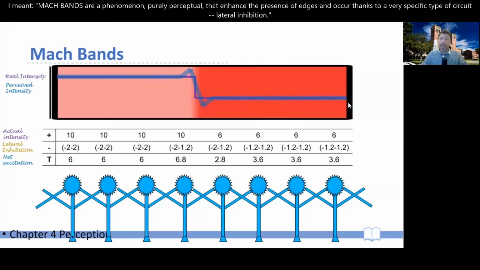Okay. So lateral inhibition is a phenomenon, purely perceptual, that enhances the presence of edges. And it occurs thanks to a very specific type of neural circuit, which is lateral inhibition.